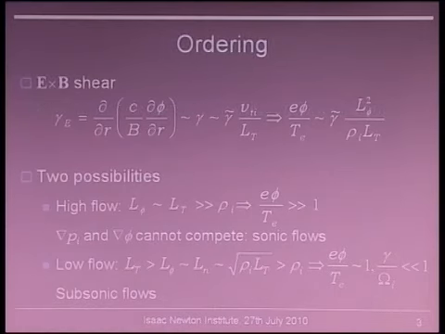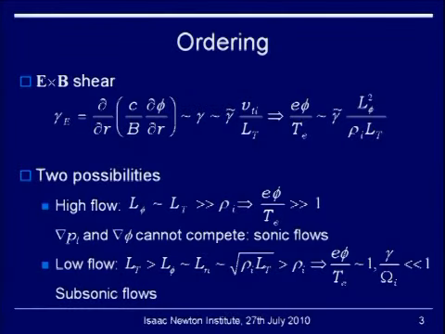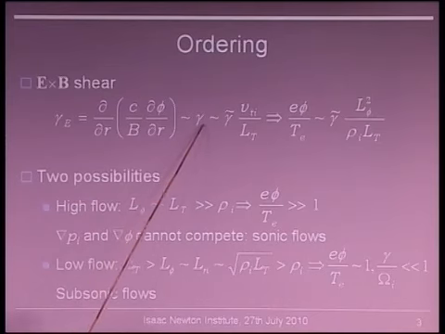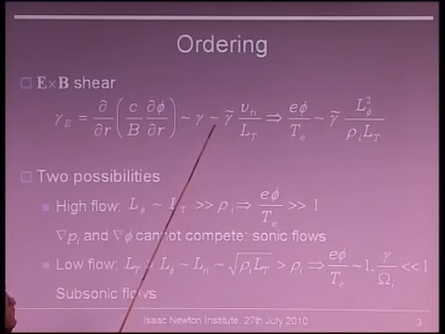Okay, so what are the orderings? Here I'm assuming that we need to suppress the turbulence with the pedestal. That's what we all believe is doing. So we need the parameter gamma_E, which is just the space derivative of the E cross B velocity, to be of order the growth rate. That's a measurement of the time scale that we need to have here.